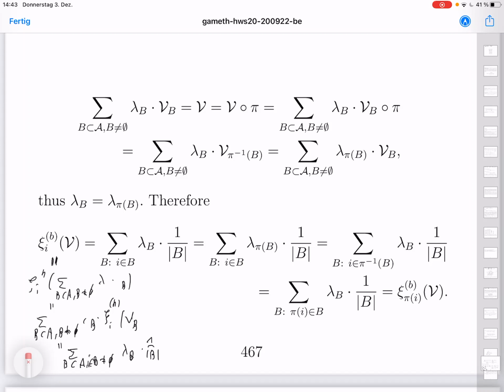So this gives us the symmetry. Psi I, the entry at the index I, is equal to the entry in the index pi of I for any I.